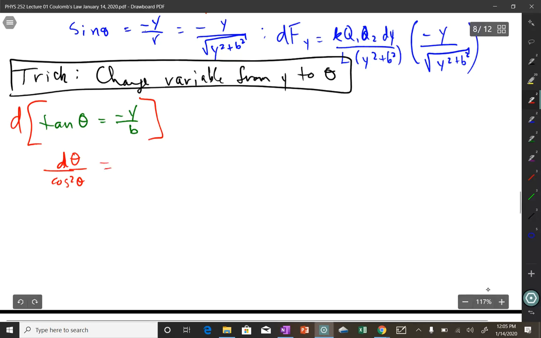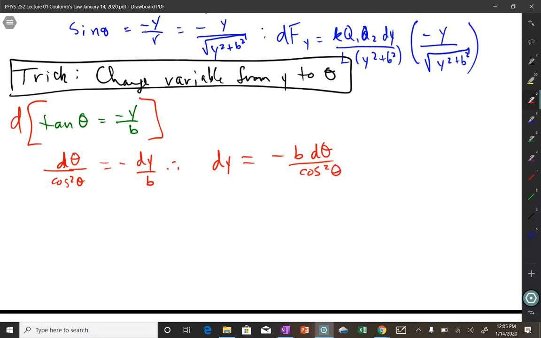And then the right-hand side is just going to be minus dy over b. Therefore, dy is equal to minus b d theta over cosine squared theta. So that's my conversion to go from my dy to having a d theta.